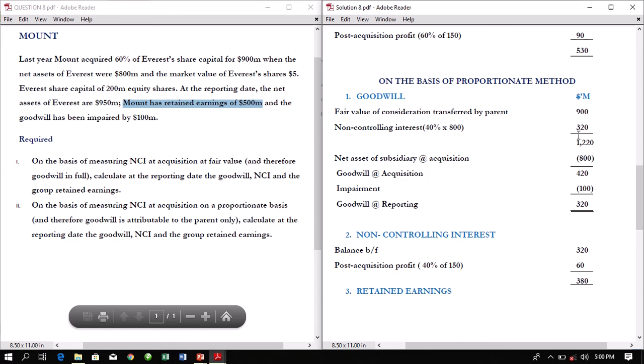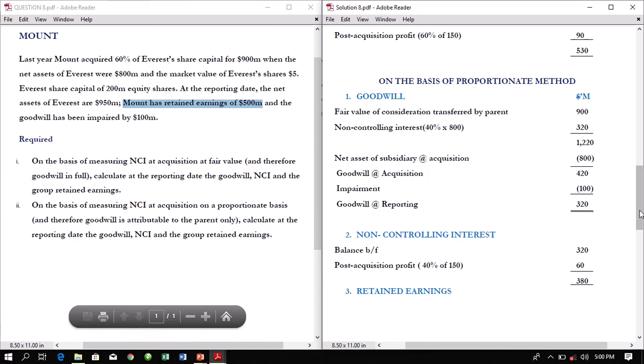Summing it together gives me 1,220. Easy. What do you do? You less the net asset of subsidiary at the date of acquisition, which is 800, giving me my goodwill at the date of acquisition to be 420. But we are told that impairment is 100, giving me that my goodwill at reporting, if I'm using proportionate method, will be 320. Easy and straight.